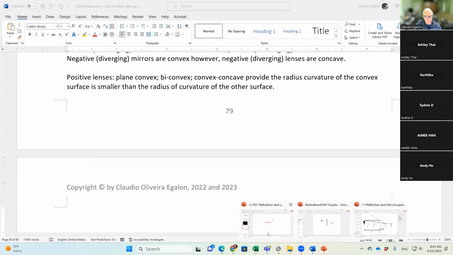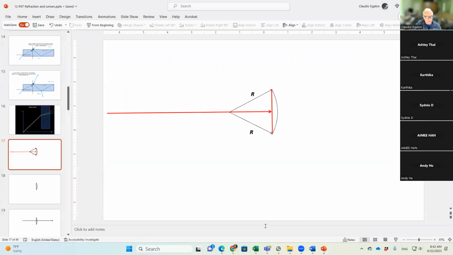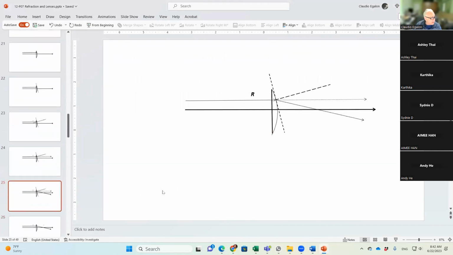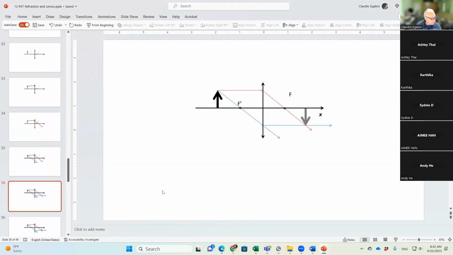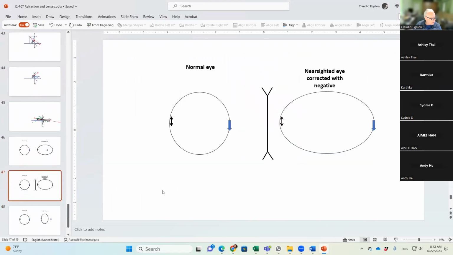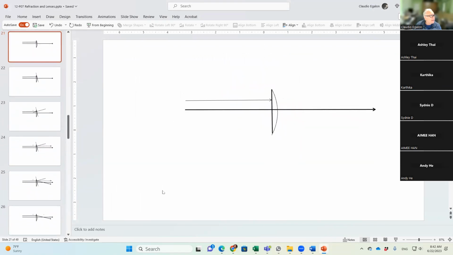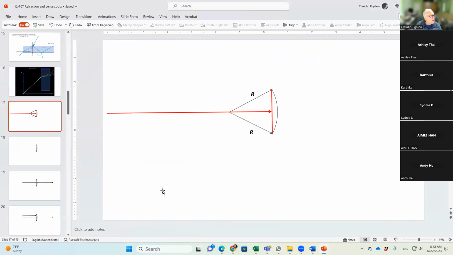Let's see if I can draw it for you. I have only a planar convex lens here.